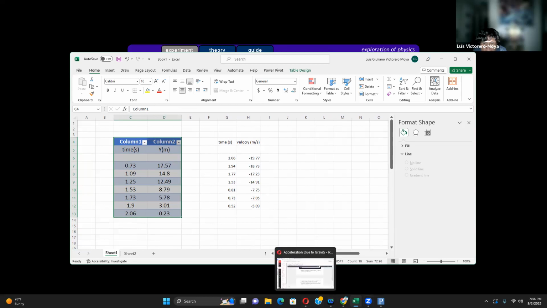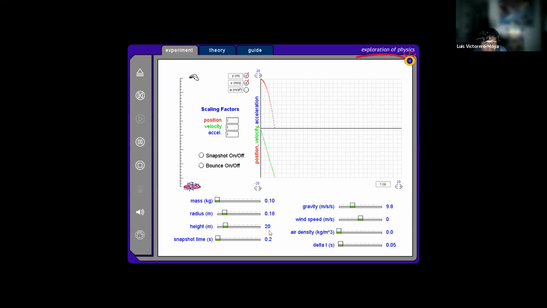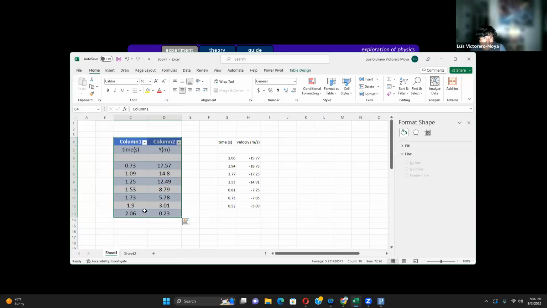So let's see if what I did was correct. Yeah, so I'm gonna read this. This point here is 2.06 and 0. So that's the ground. That's the time, and that's the... So see, here should be 0. Huh?